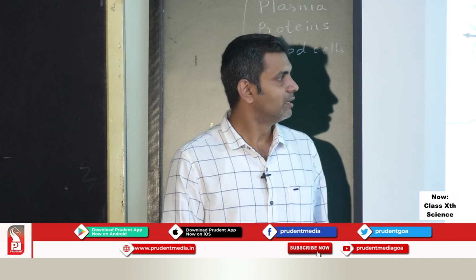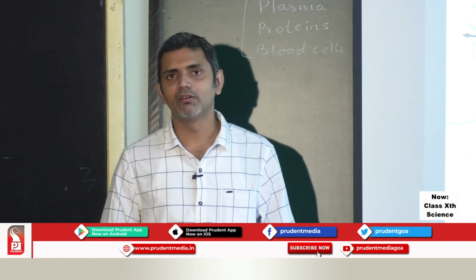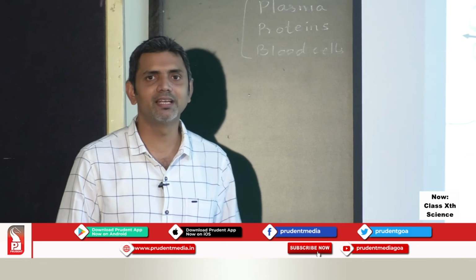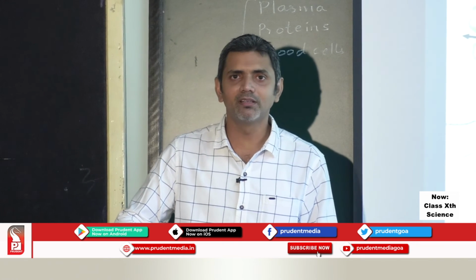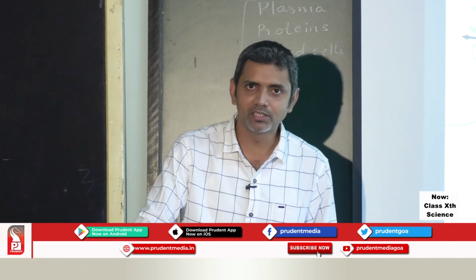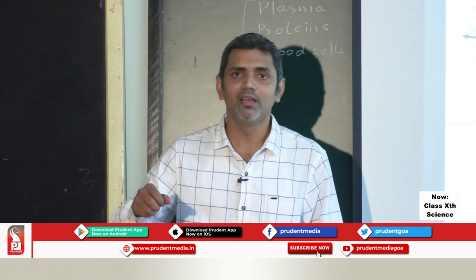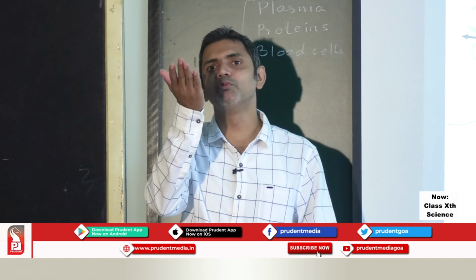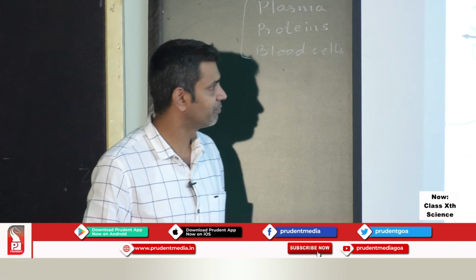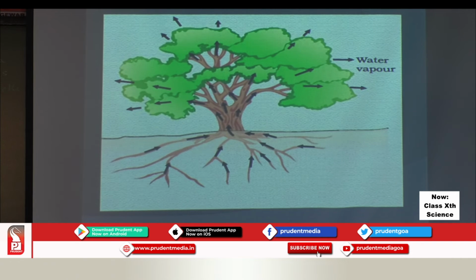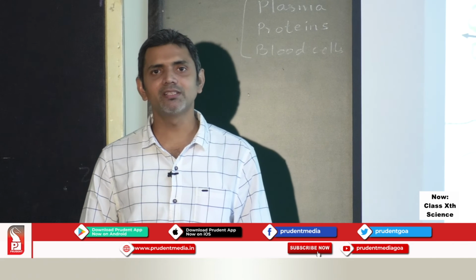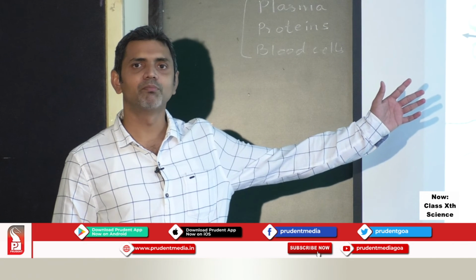This is one of the functions by which this process helps the plant, that is absorption of water and also minerals which are dissolved in water. Those minerals will also be absorbed, and there will be upward movement because of this process, transpiration. Plants are not moving, so plants have to withstand all the climatic conditions, and temperature is regulated by transpiration.